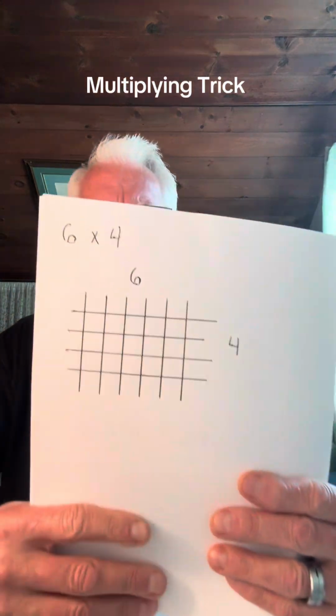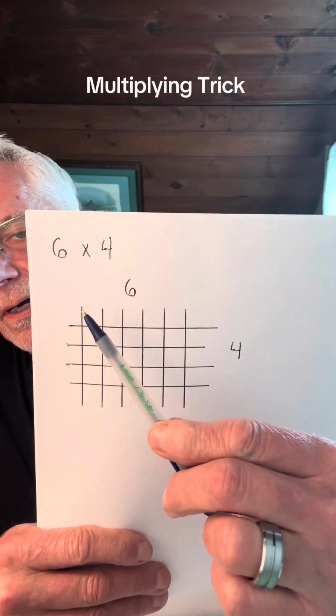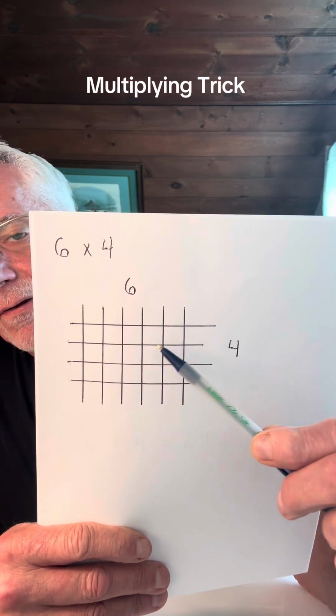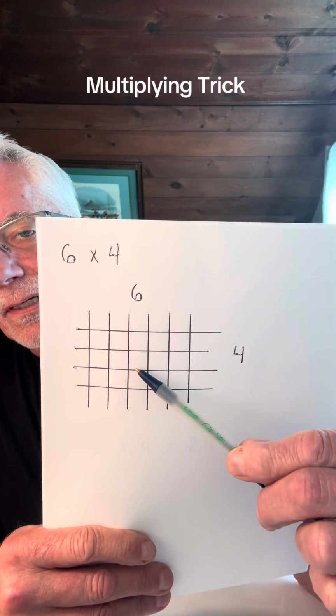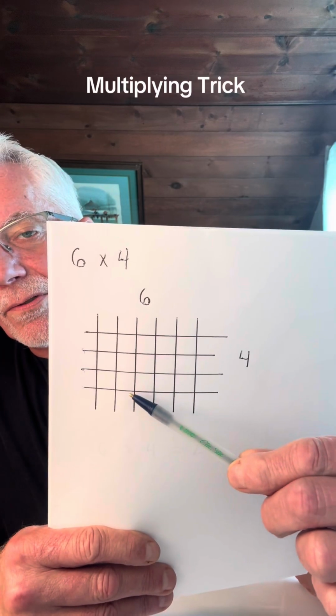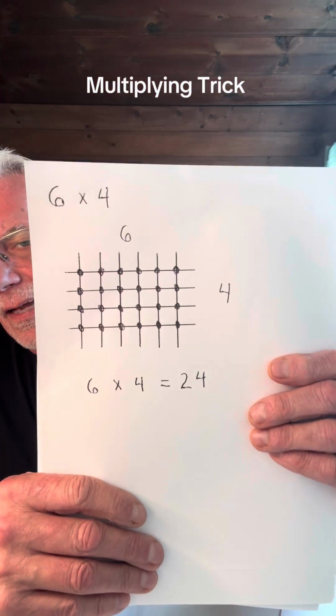There's 6 lines and 4 lines, and then we just start counting them up. 1, 2, 3, up to 24. So 6 times 4 is 24. It's nice to know that 6 times 4 is 24, but if you forgot, you can just draw the lines, 6 lines and then 4 lines, and count up where they intersect.